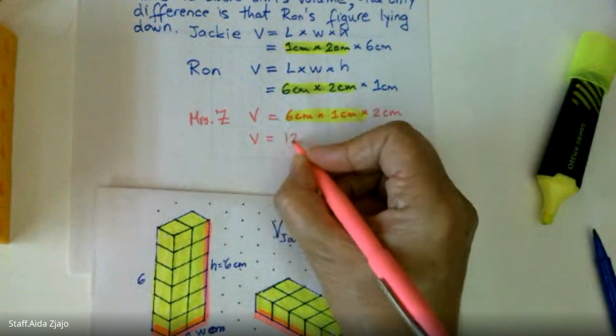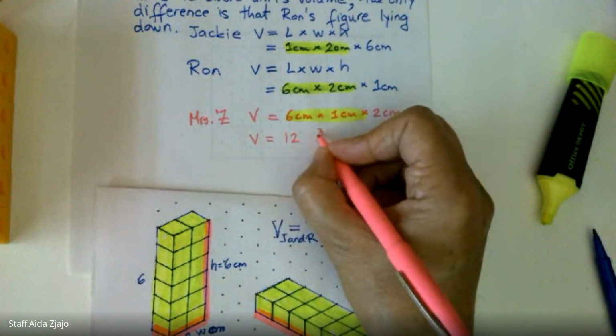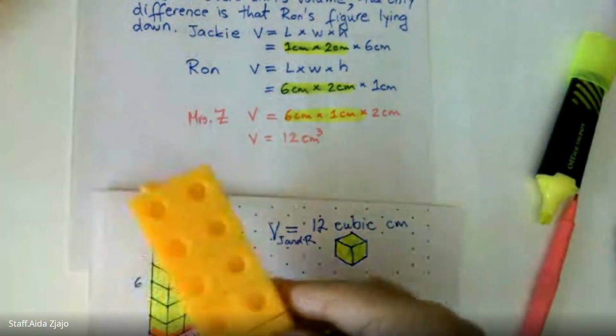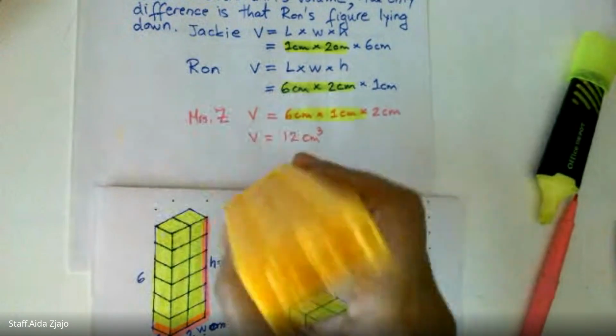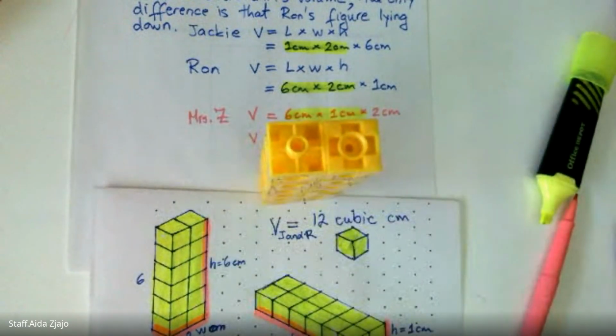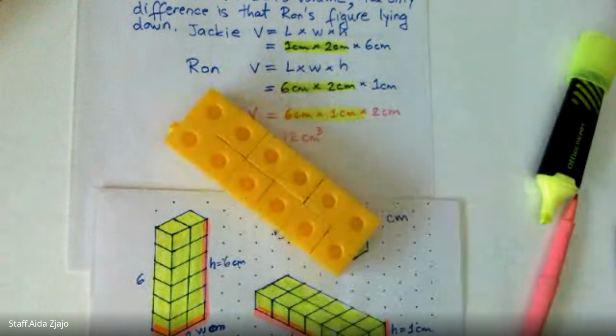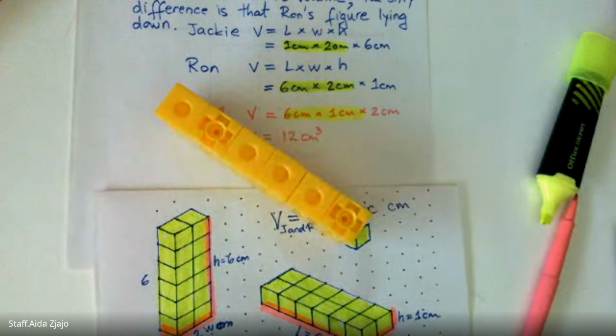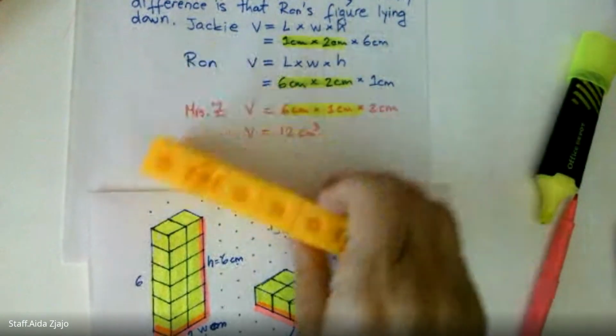It's 12 cubic centimeters for all these different positions of the shape, whether the base is 2, 6, or 12.